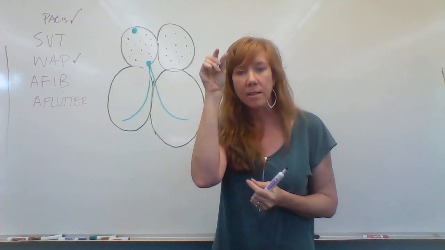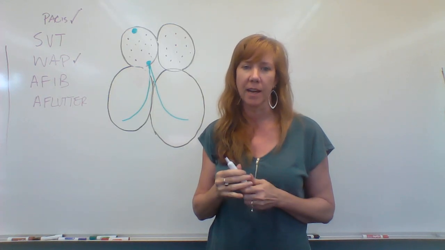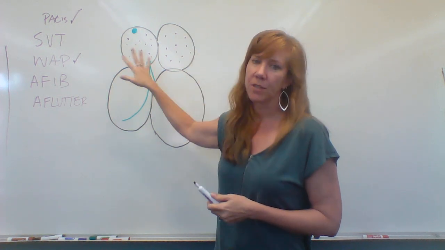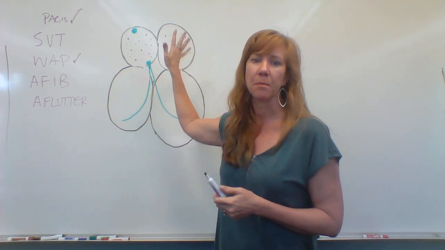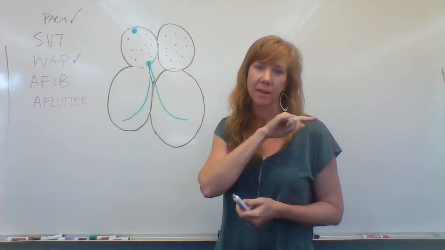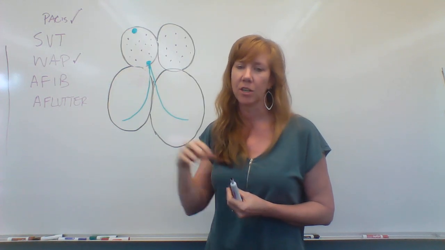So the QRSs are thin, less than 0.12, and normal looking, like a sinus beat. But the P wave situation is a hot mess. In fact, it's just a scribbly line. You can't even really make out any P waves.